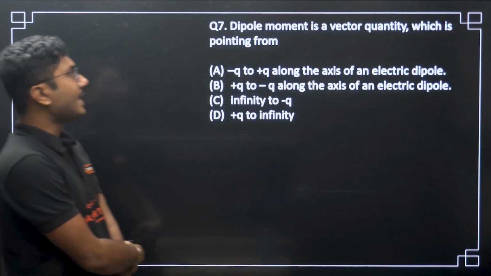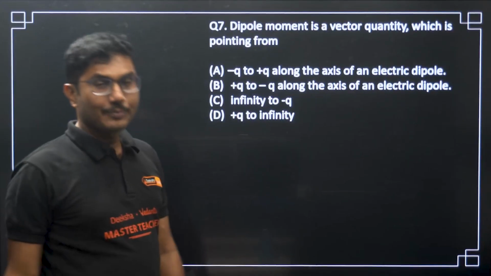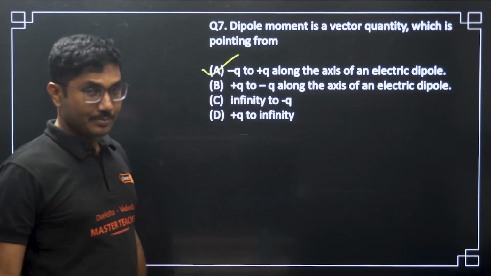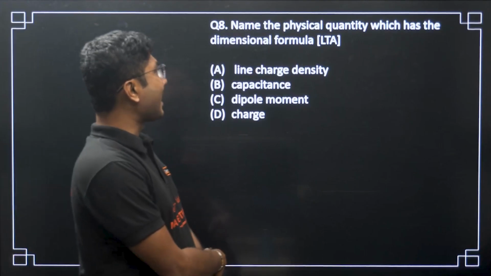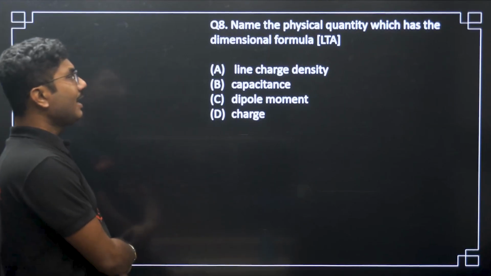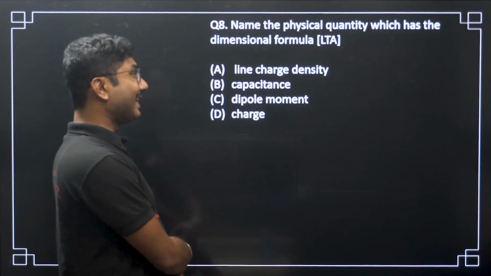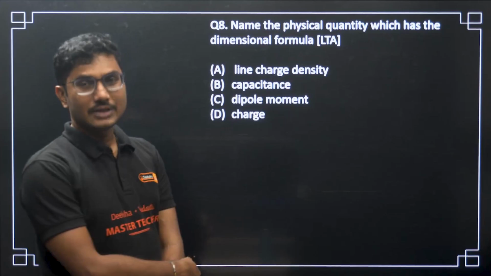Question number 7, dipole moment is a vector quantity which is pointing from negative to positive along the axis of the dipole. Name the physical quantity which has the dimension formula LTA. So let us understand the dimension first. Line charge density, capacitance, dipole moment or charge.